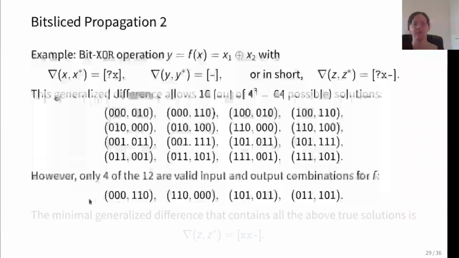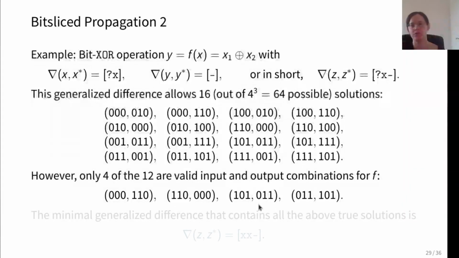And we now see that we can describe these 4 possible combinations in a stricter generalized condition than this one here. So in particular, we notice that in all of these cases, the first 2 input bits are actually different. This was not in the original description, but actually in all valid solutions, this is the case. So sorry, these 2, not the first 2 here, but this and this and this and so on.